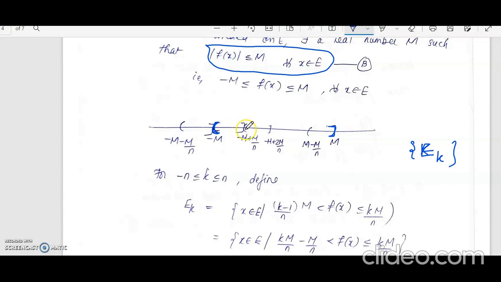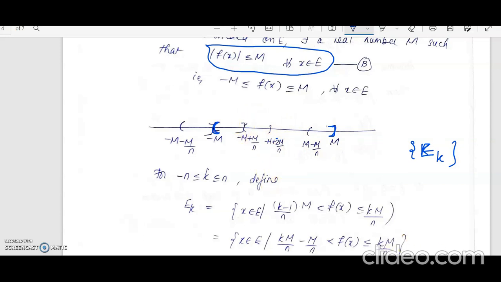Then on the right side we will have minus m plus m by n, and from m you will have m minus m by n. So we are taking intervals of length m by n, covering the interval minus m to m.